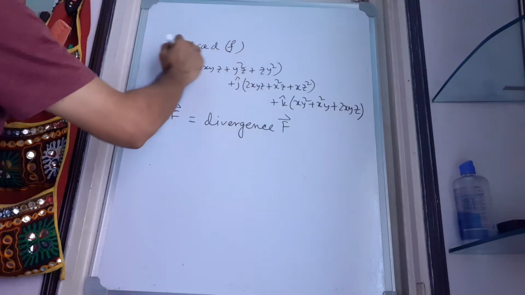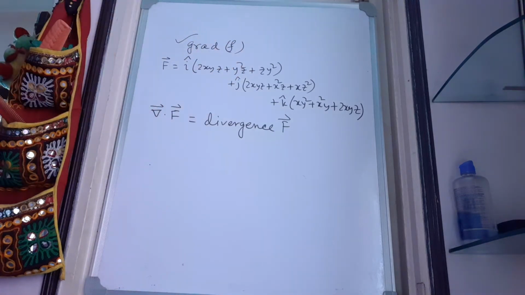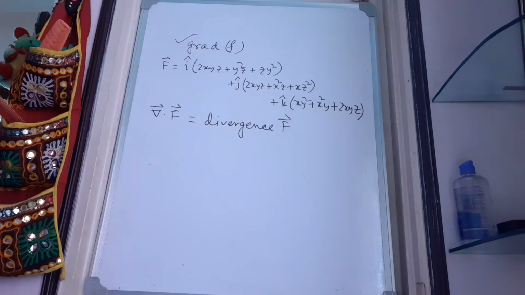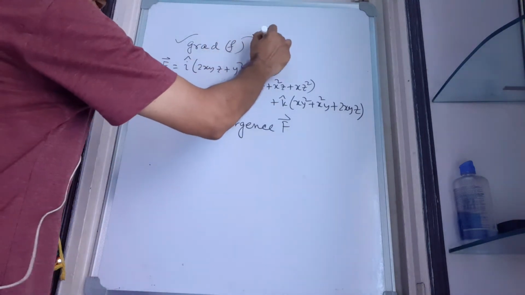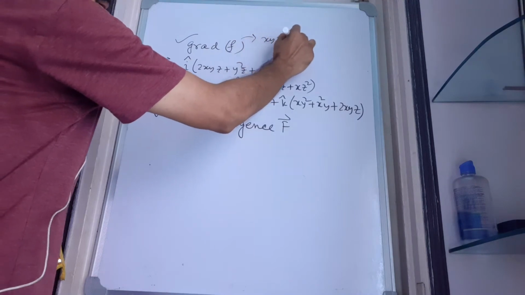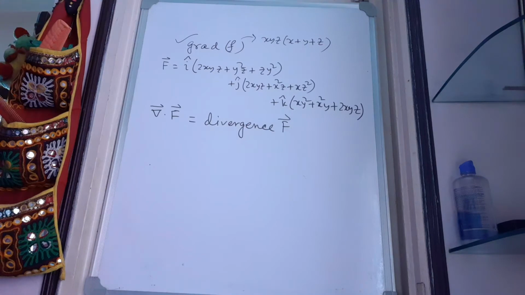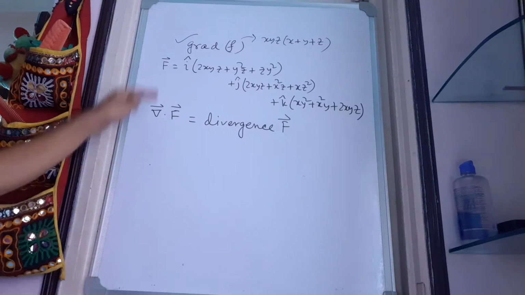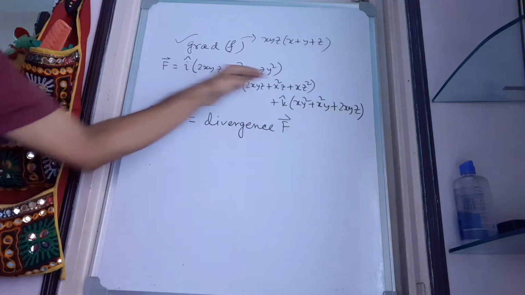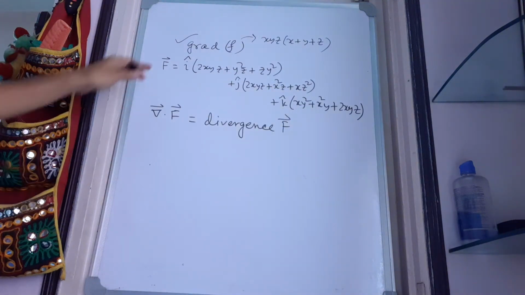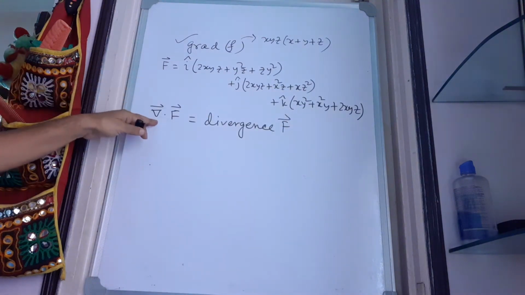which we calculated earlier of the scalar point function small f defined to be xyz into x plus y plus z. So, we write it as capital F. So, this is a vector point function, and del is a vector operator.